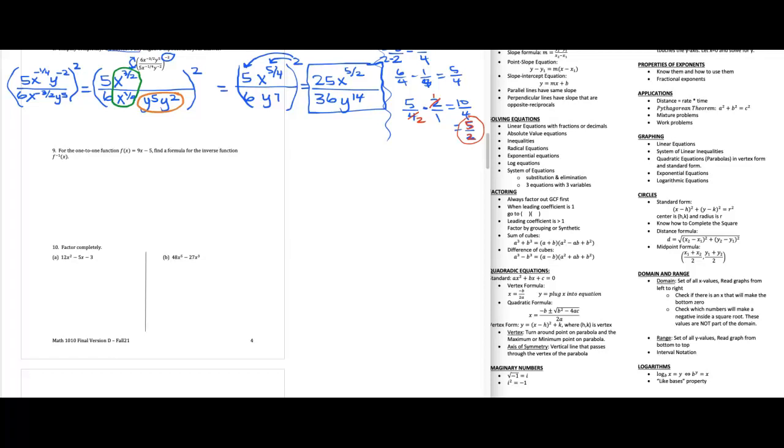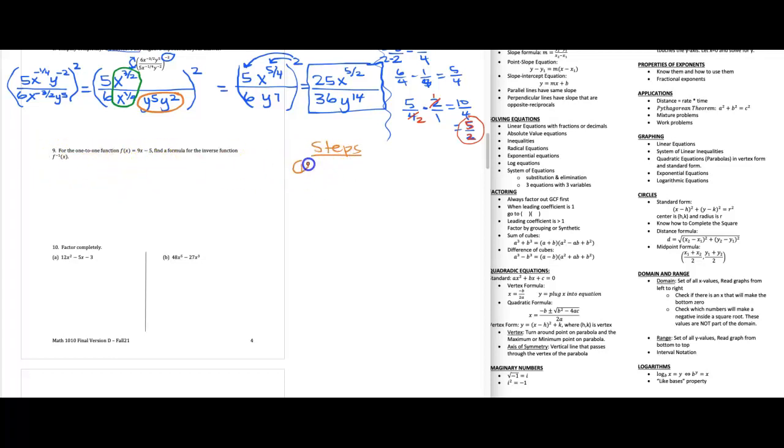Okay, well, let's look at number 9 now. This one is again in this last module where you're talking about inverse functions. There are 4 steps to finding the inverse function, and I'll write those over here as we go through it, because I think it makes it easy to see.